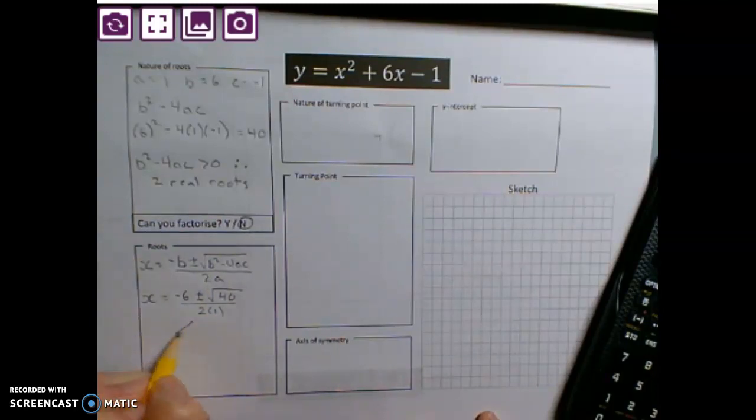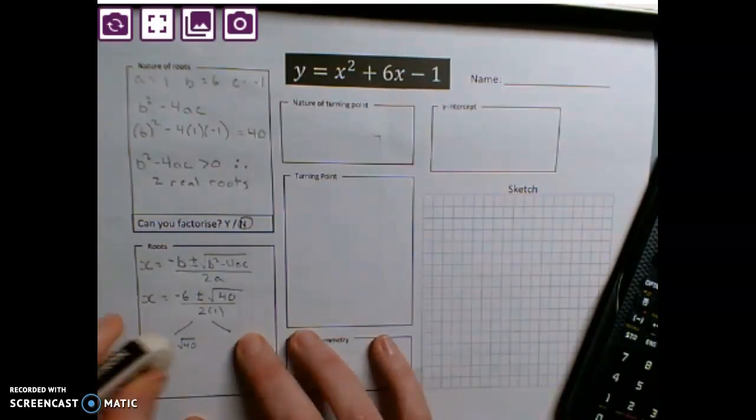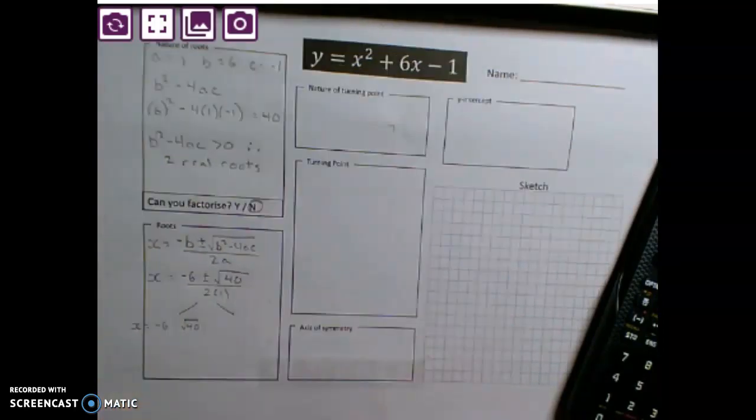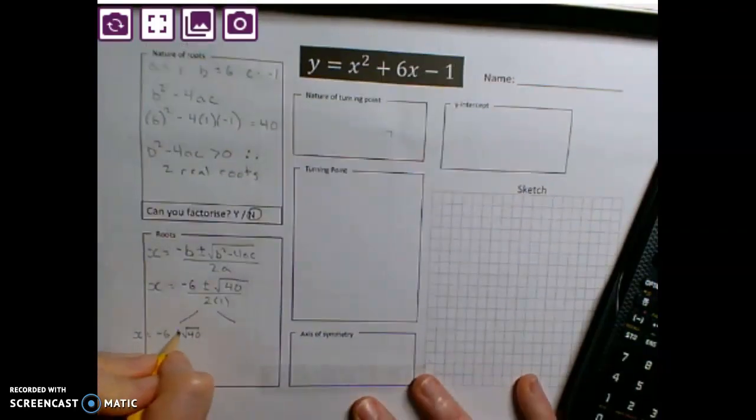Now we can split this into the two separate answers. So we'll have x equals negative 6 plus the square root of 40, all over 2.